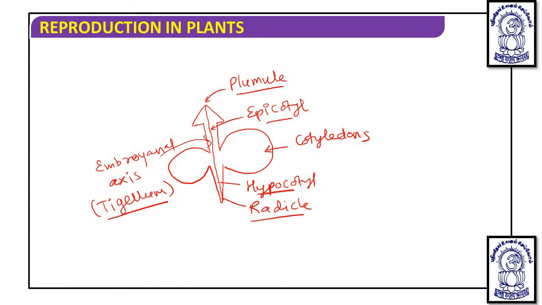One more thing you should remember: in a typical dicot embryo, in future this plumule will form a shoot, and this radicle will form a root. Okay, so in future this will happen. I hope you understood the development of the embryo perfectly.